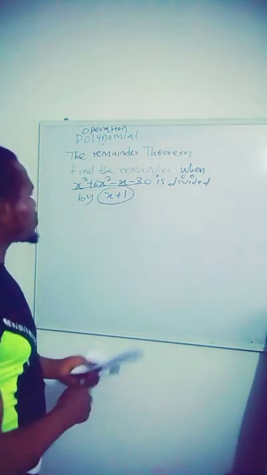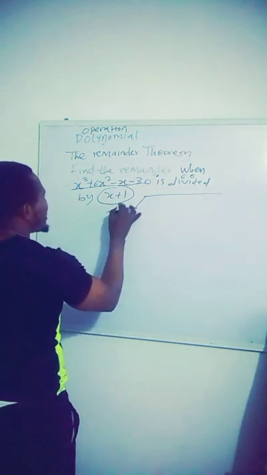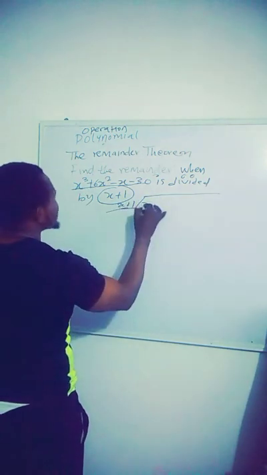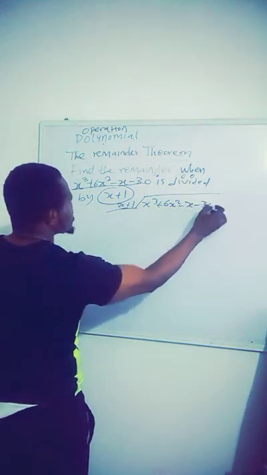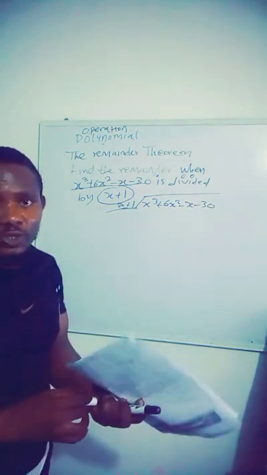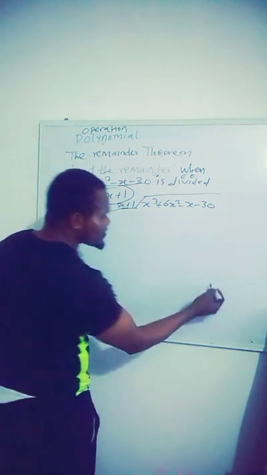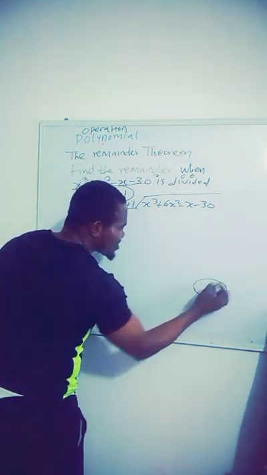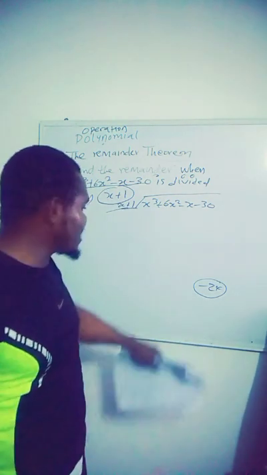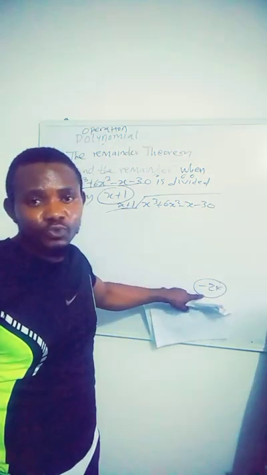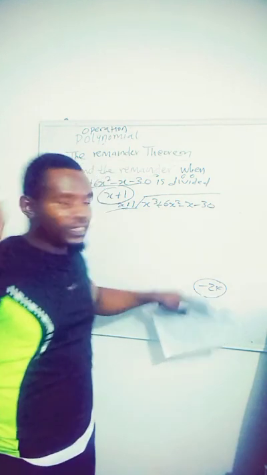If you use the method of division I showed the other time, putting s plus 1 here and writing s cubed plus 6s squared minus s minus 30, the final value at the end will give you minus 24. The other time that I did it, we had 0. Try the method I just taught you some few minutes ago.